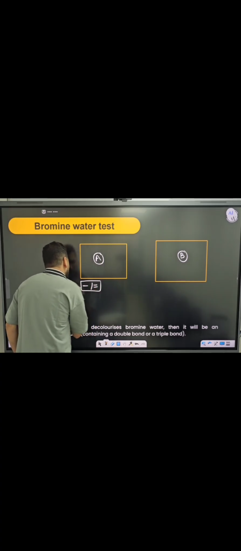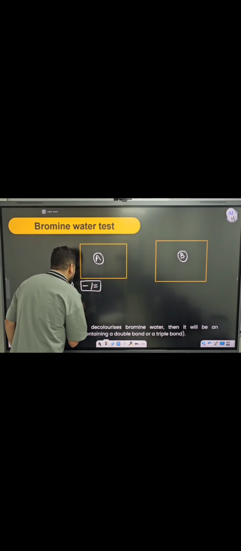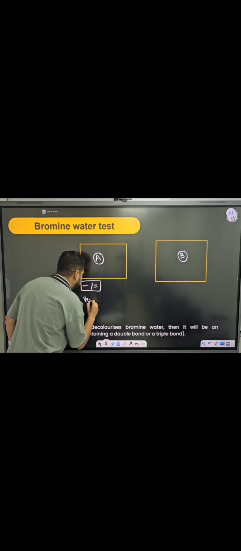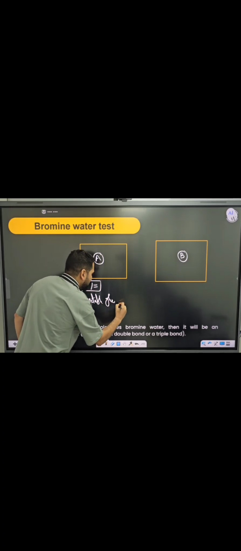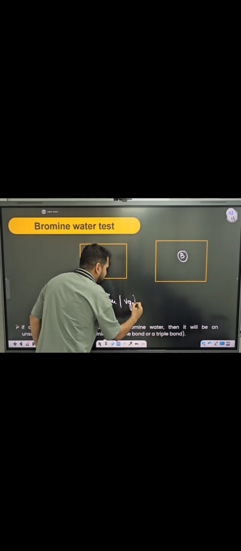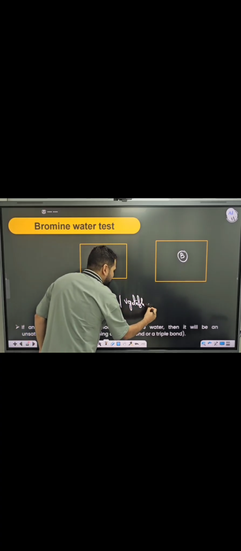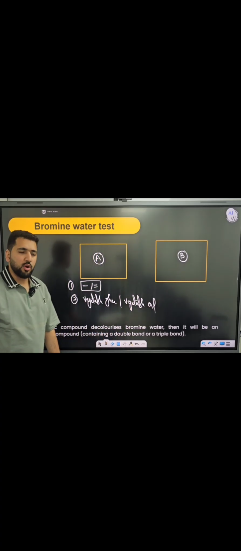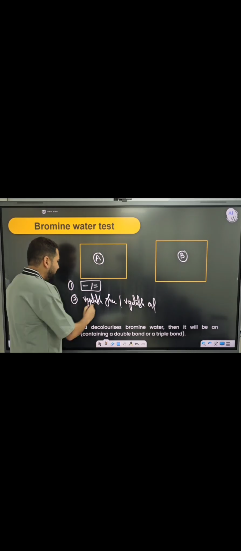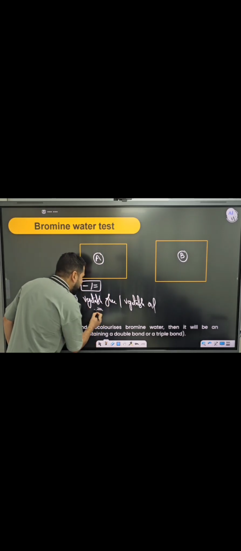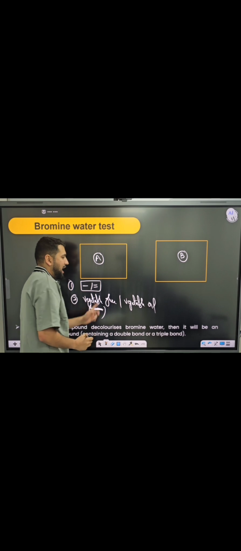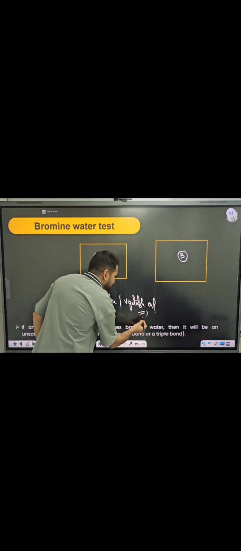Or they can ask you to identify which compound is vegetable ghee and which is vegetable oil. Few minutes back I told you, vegetable ghee contains a single bond, and vegetable oil contains a double bond.